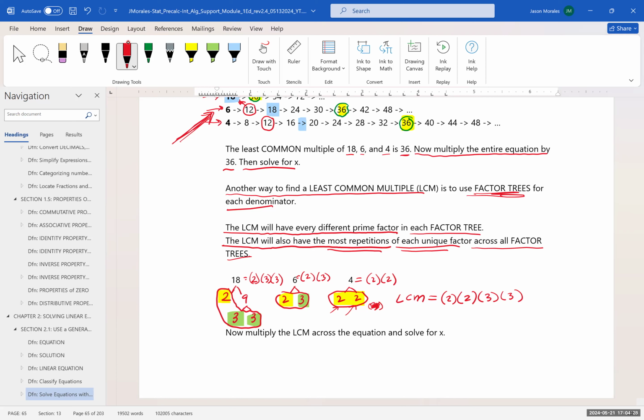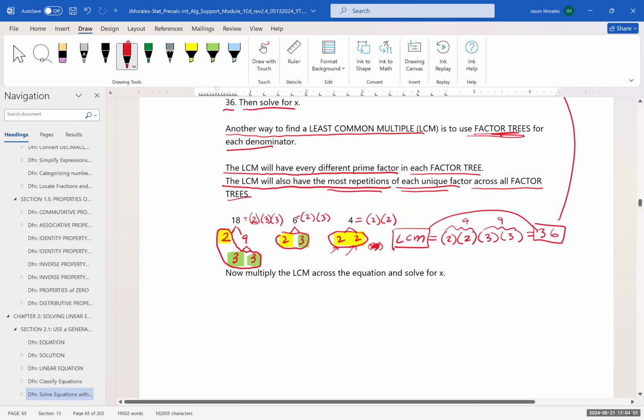So our least common multiple is going to be 2 times 2 times 3 times 3. 2 times 2 is 4, 3 times 3 is 9, and 4 times 9 is 36. So by following this simple procedure, we're able to get the least common multiple of 36, which is the same thing that we did up above.